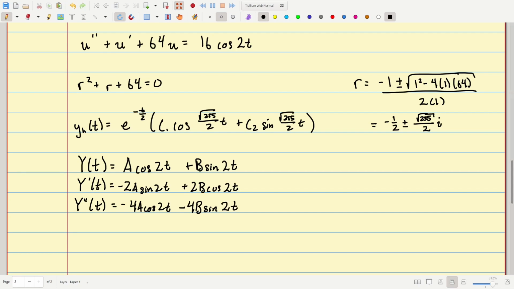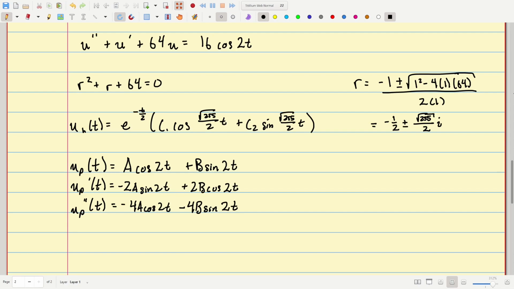Put all that together. I don't know why I switched to y in the middle of the problem. Okay, sorry, I got that fixed. It doesn't matter if you call it y or u or whatever. Just wanted to be consistent.